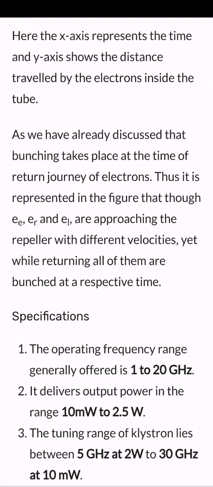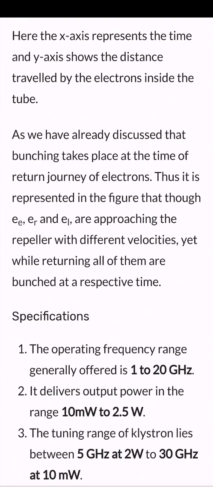As we have already discussed, bunching takes place at the time of the return journey of the electrons. Thus it is represented in the figure that though the early electron, reference electron and late electron are approaching the repeller with different velocities, yet while returning all of them are bunched at a respective time. So this is what we call the bunching process.